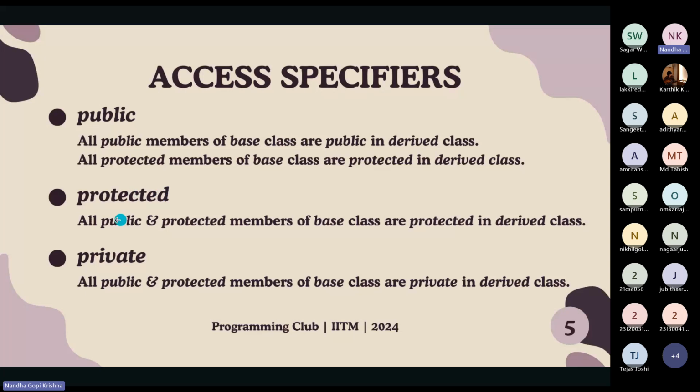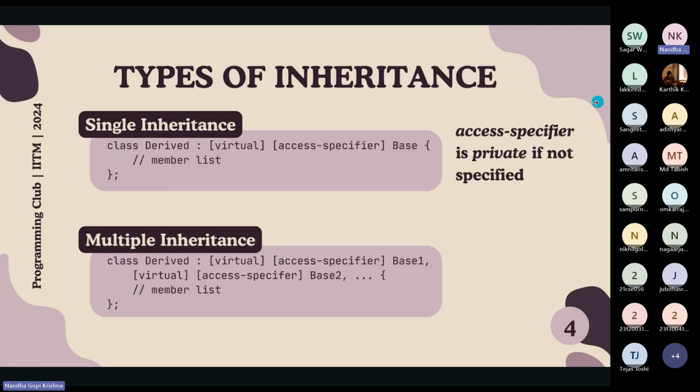If we use protected, it is extremely similar to public, except that even public members of the base class are protected in the derived class. And private is also similar to protected, except that all public and protected members of the base class are private in the derived class. So that is the access specifier. And by default, access specifier is private.